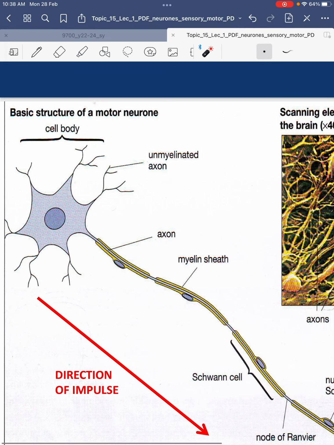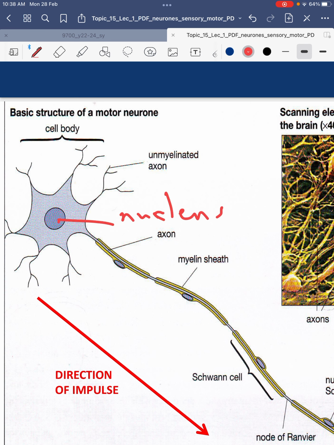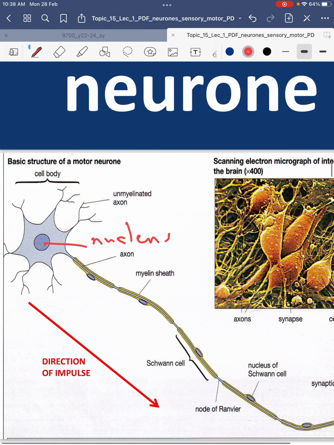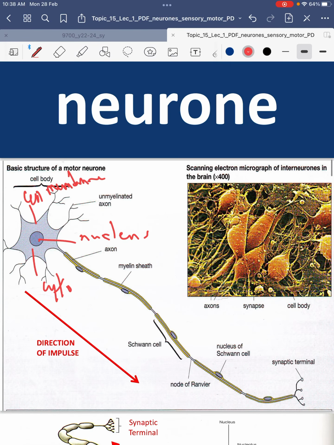So this is the nucleus here. This is the cytoplasm, and of course this is the cell membrane. Now this part here, a long extension of the cytoplasm, is called axon.